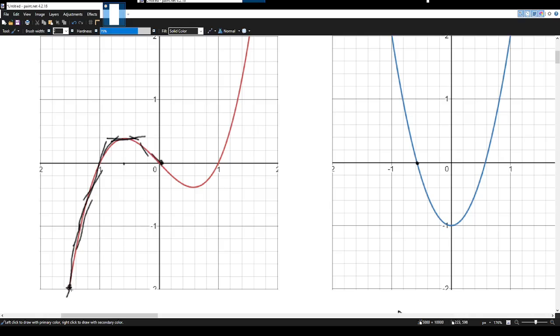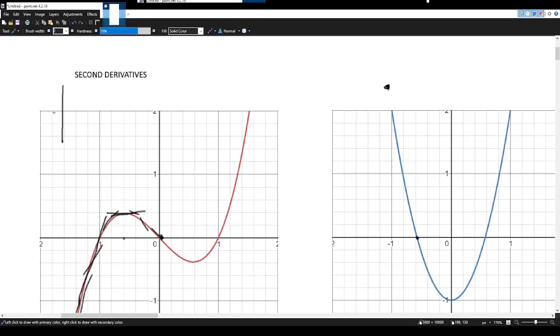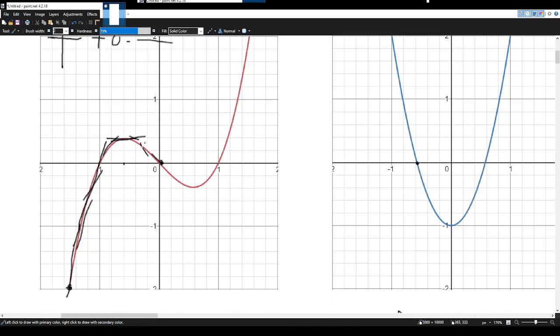So this whole region, the slope is decreasing, because it goes from very positive to slightly less positive to 0 to slightly negative to more negative, and that's in this region.